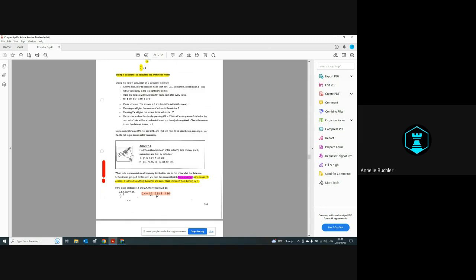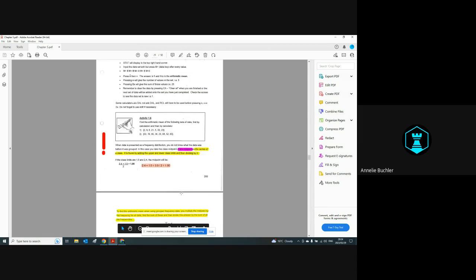If you take 3.9 and divide it by 2, you get 1.95. That's the class midpoint of the two data sets there. I also marked it because they might ask you that.